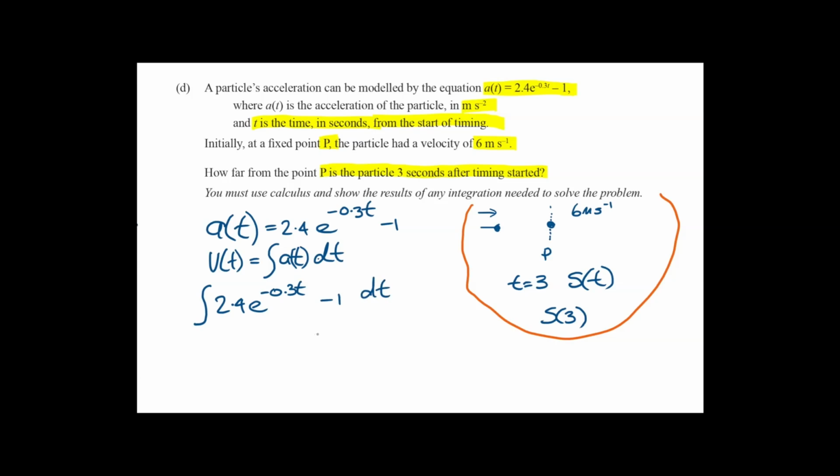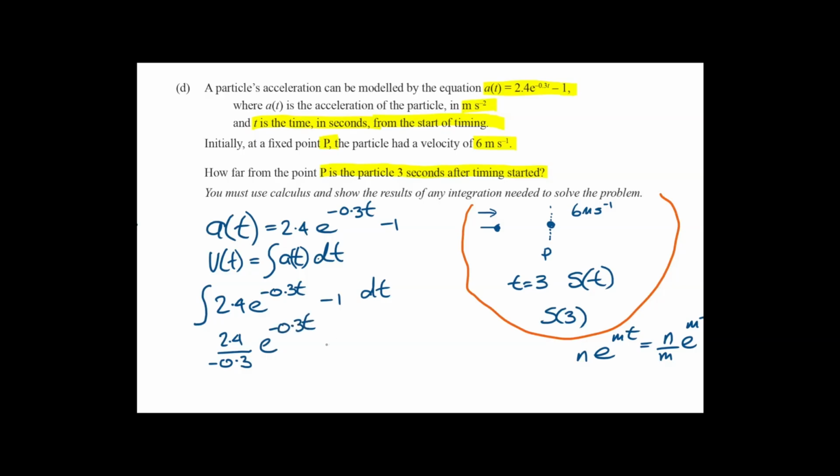we are going to get, if you remember, we integrate that, we get 2.4 divided by negative 0.3 e to the negative 0.3 t.